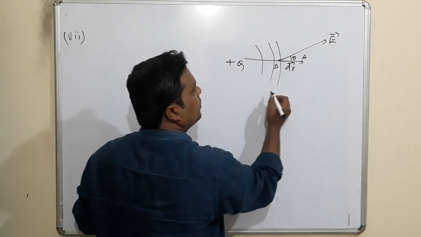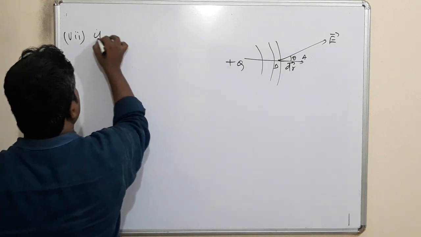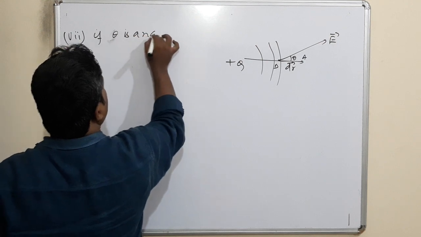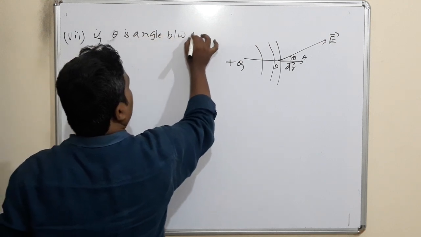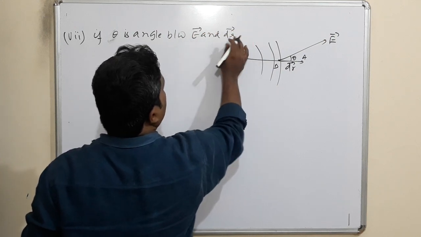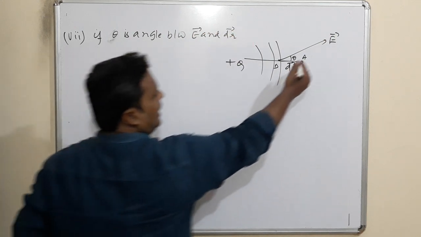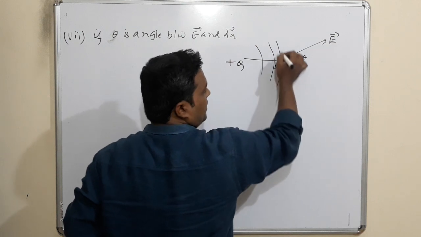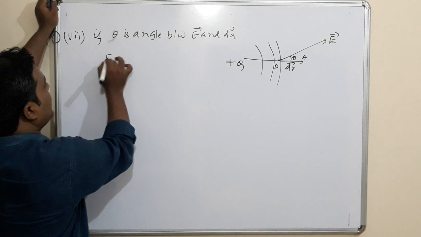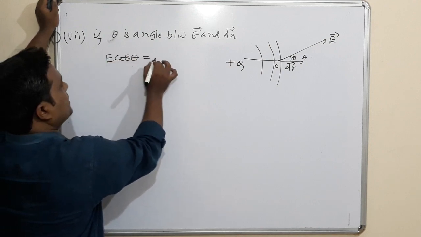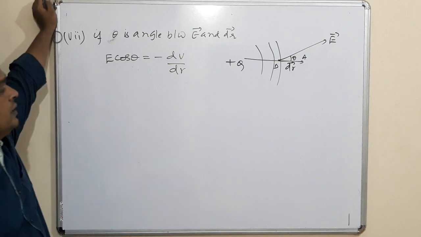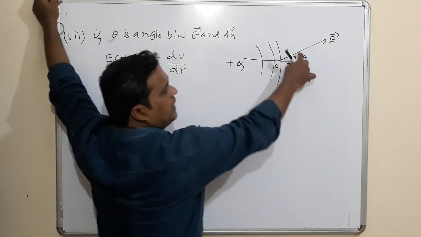Then the same relation we can write. If theta is the angle between E and dr, I will take the component of the electric field along this direction. This will be E cos theta, this is E sin theta. The same relation I can write as E cos theta equals minus dV by dr. This also you remember, if there is an angle between E and dr.